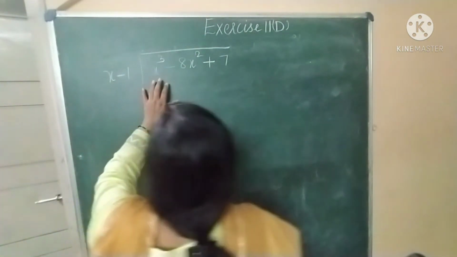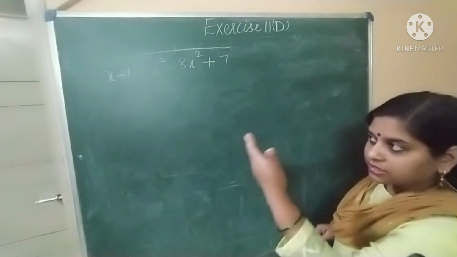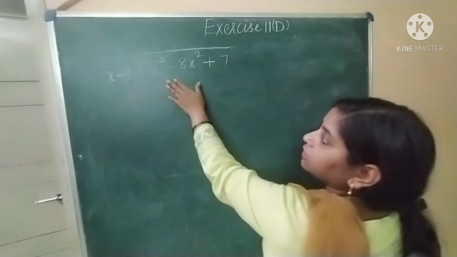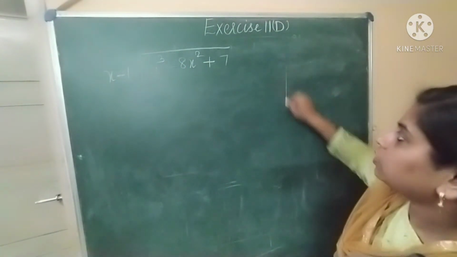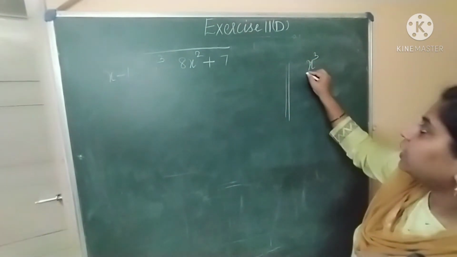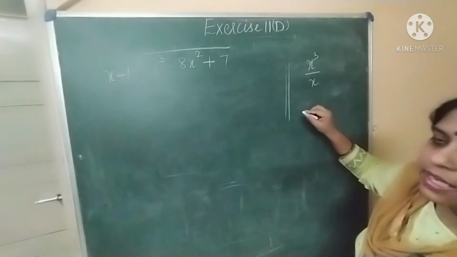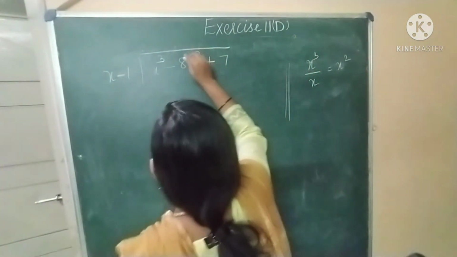Here if you observe, the area is nothing but the dividend, and the other side is nothing but the divisor. The dividend is already arranged from the higher order to the lower order. So in the working column, take the first term of the dividend and divide it by the divisor's x. So what is the answer you get? x square. So this is the quotient, x square.